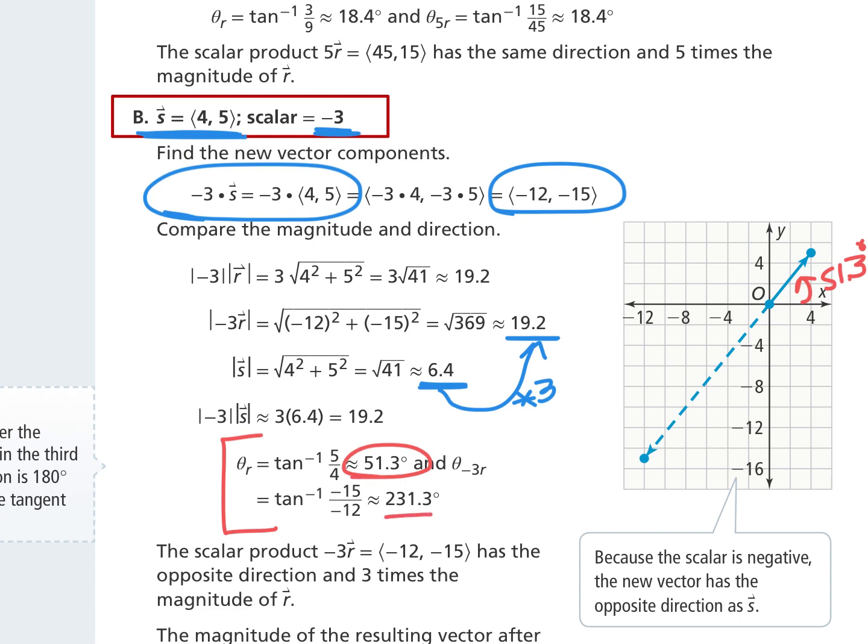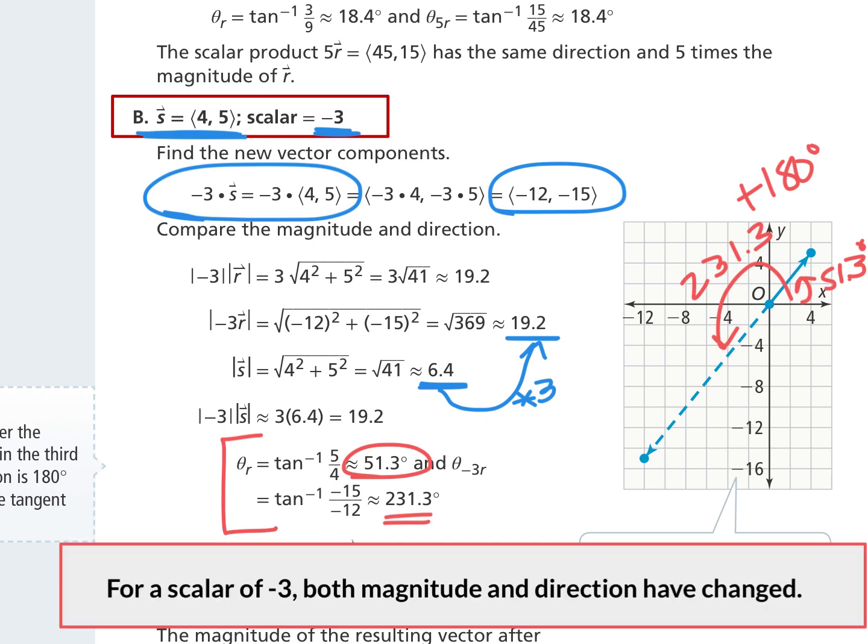The new vector has a direction of 231.3 degrees. So that is now this direction. What you should notice is that it is a reflection, adding 180 degrees to the original because we're reflecting and going the other direction. So for this instance, we would say both magnitude and direction have changed as a result of this scalar. And so that's our lesson on vectors, and we will practice these skills together in class tomorrow.